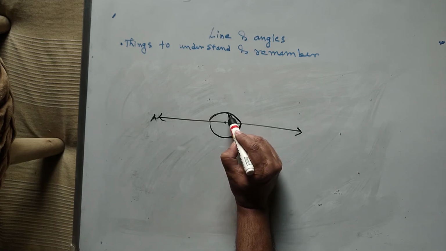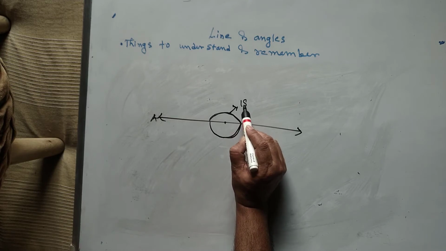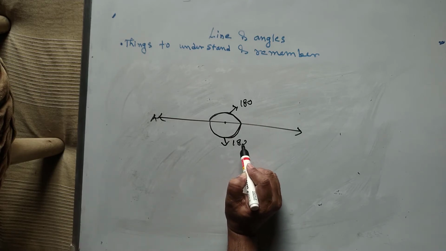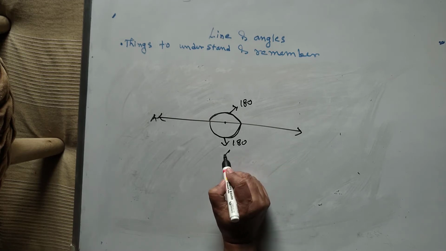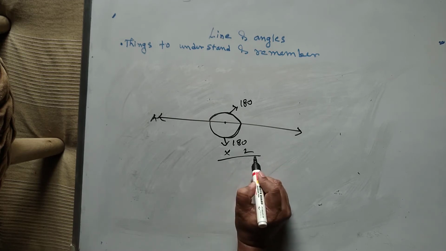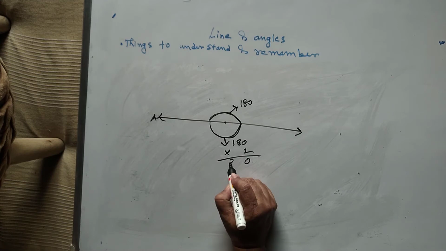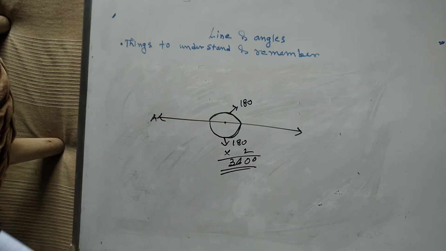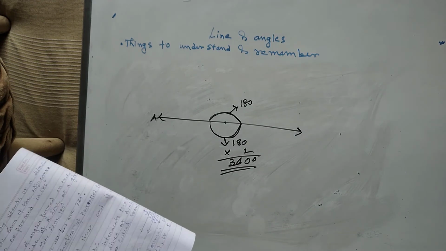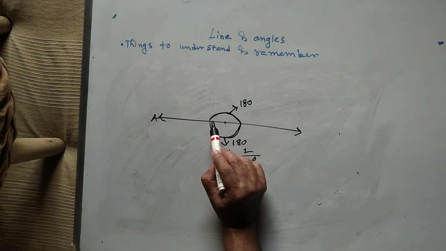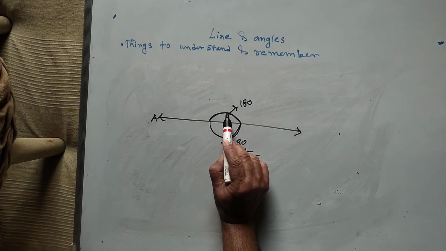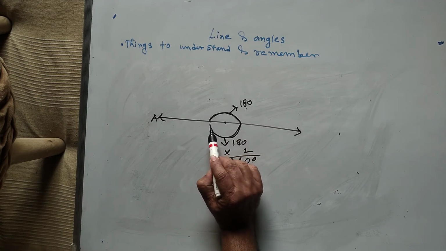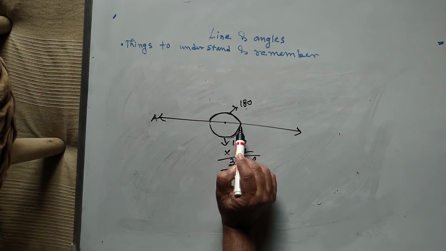This is 180 and this is 180, so 180 into 2 is 360. I mean, the half circle is 180 degrees, then another half circle is 180 degrees.